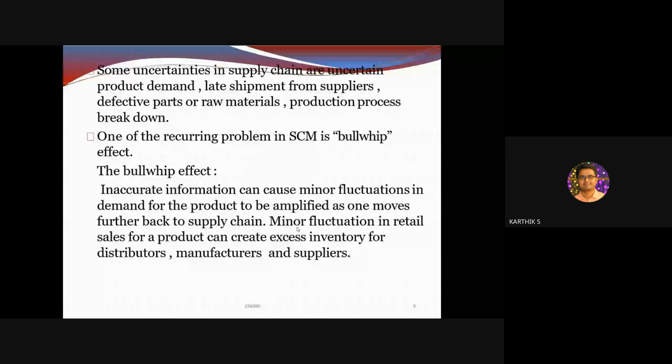Any business has its own setbacks, hurdles, or uncertainties. In supply chain management, any one department facing drawbacks or hurdles will cause a setback in the subsequent steps. This uncertainty will cause the next process to become late, and then the other process again.